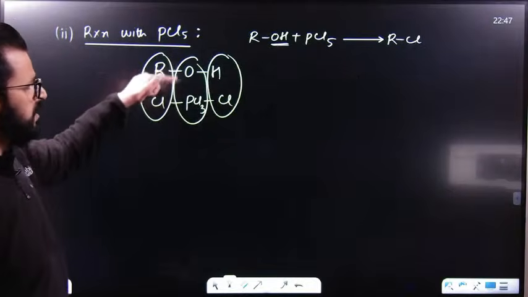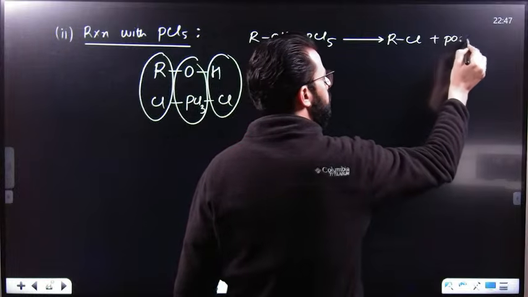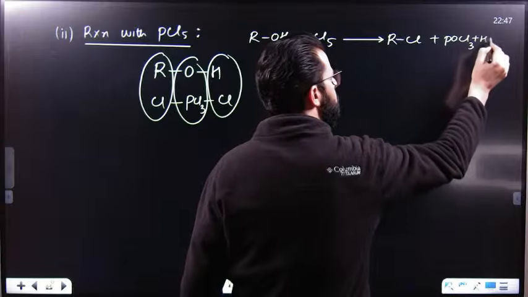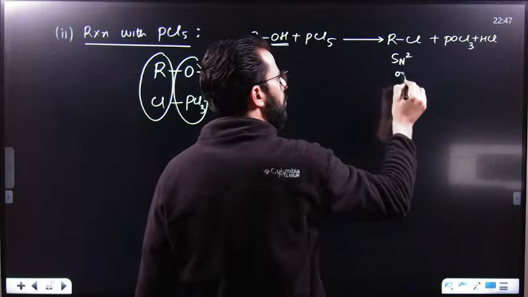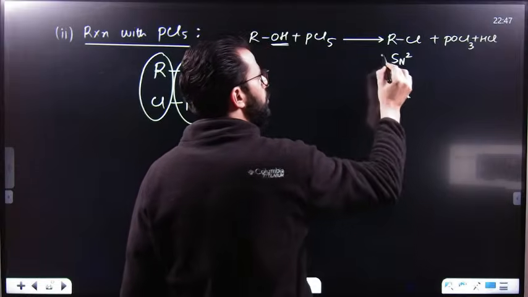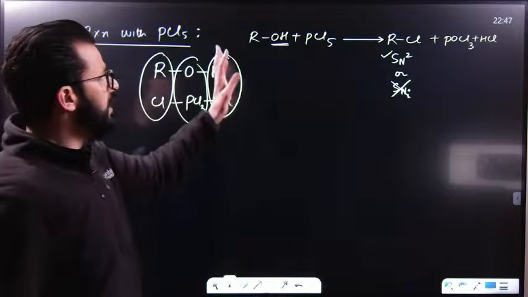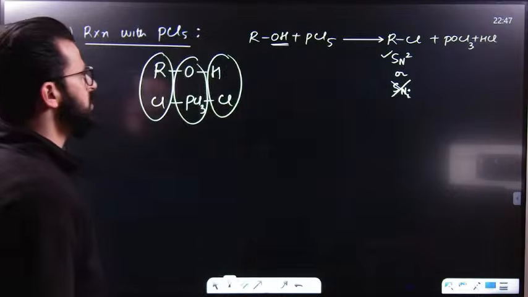Another product will be POCl3, and another product will be HCl. This RCl will be formed either by SN2 or SN1, but SN1 is not in your syllabus, so we will focus on SN2. Therefore, there will be inversion in configuration. I hope this is clear to you.